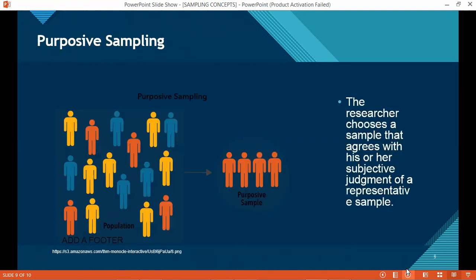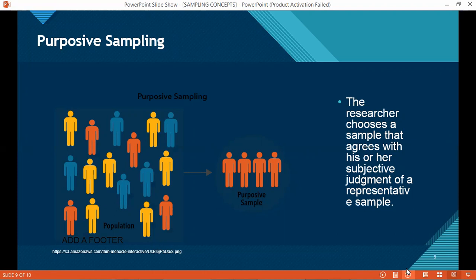Last, but not the least, of the most common sampling techniques is purposive sampling. In purposive sampling, the researcher chooses a sample that agrees with his or her subjective judgment of a representative sample. You have your population, but your research is just about a certain type of people.